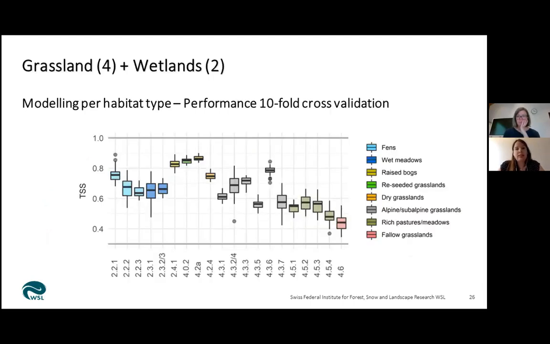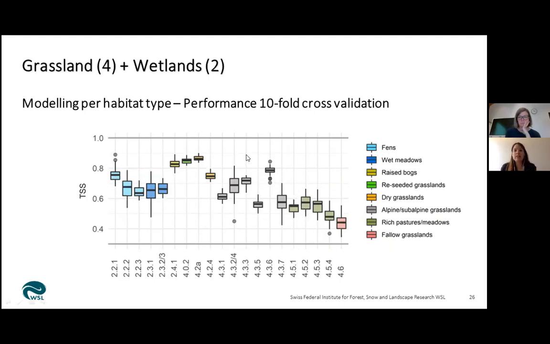This figure shows the true skill statistics for each habitat type from the 10-fold cross-validation. Habitat types with the highest performance were the raised bogs, the reseeded grasslands, and one of the dry grasslands.